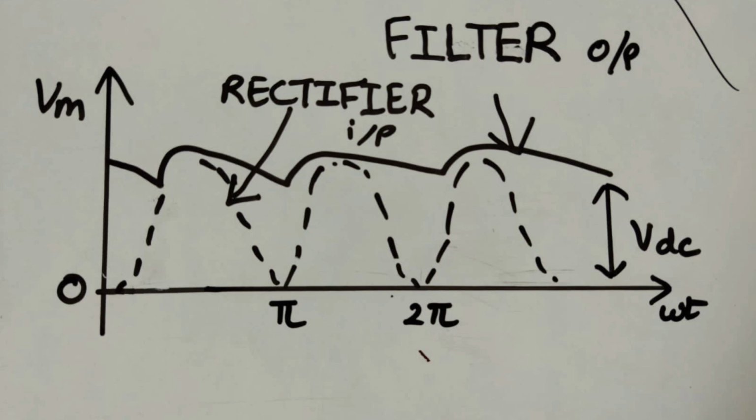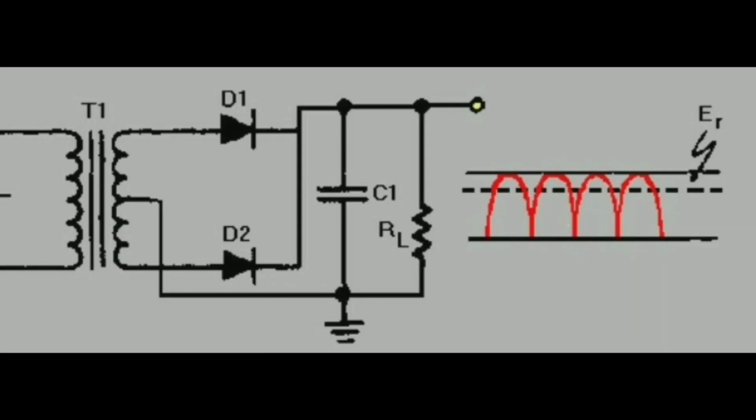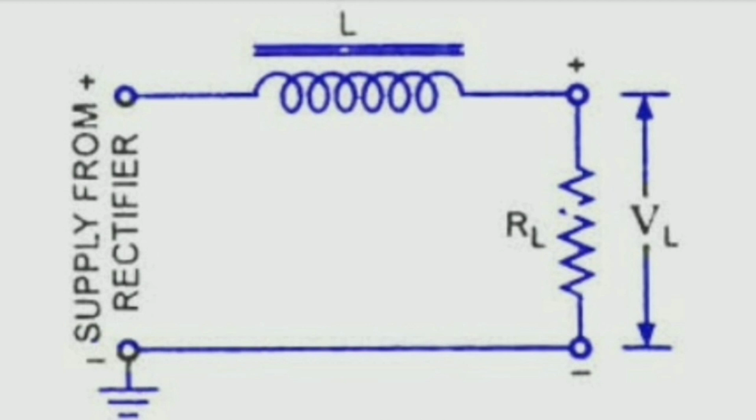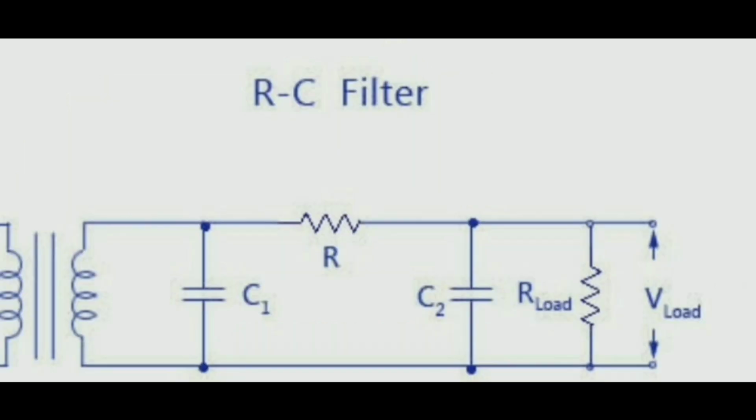A smoothing filter is connected between the rectifier and the load. There are various types of filters such as the capacitive filter, inductive filter, LC filter, which is a combination of inductors and capacitors, and RC filter, which is a combination of resistors and capacitors.